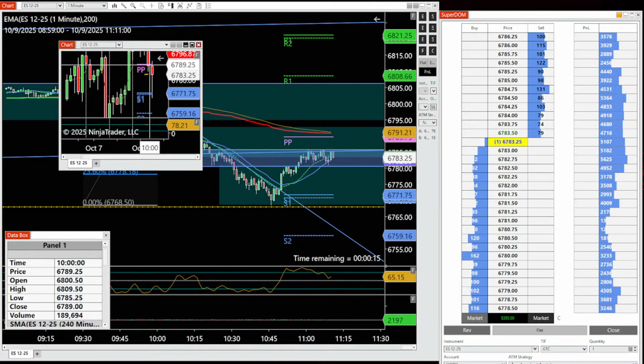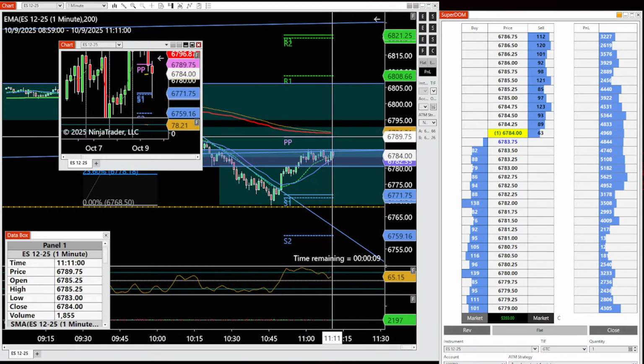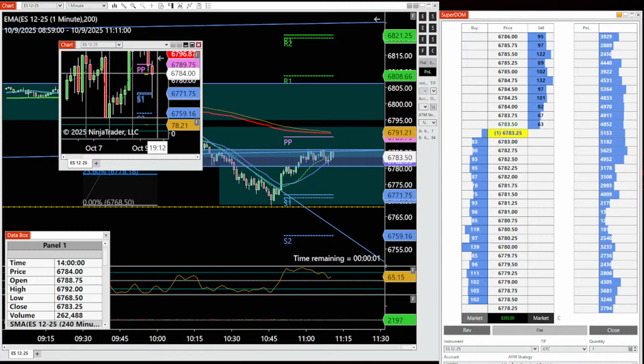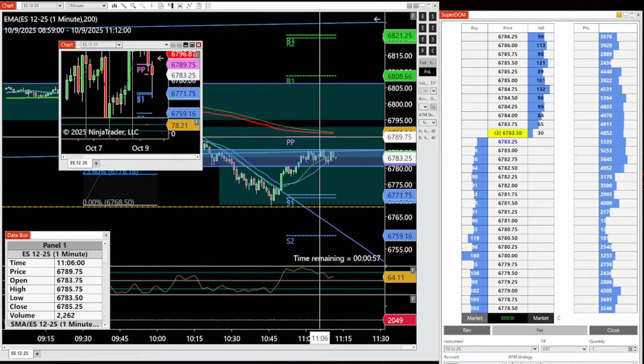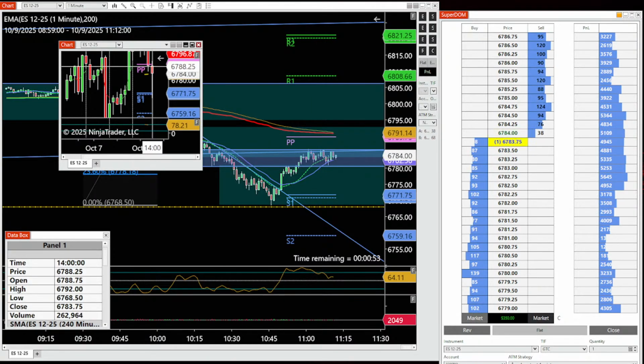Pivot is 89.90. If we're right here, 89.90, 89.75. Open 88.75. So this forward bar will have to go from red to green in order to get to this pivot, which will be a challenge.